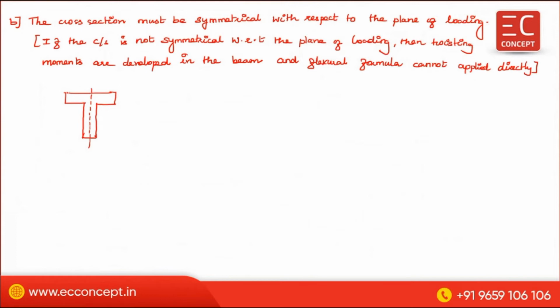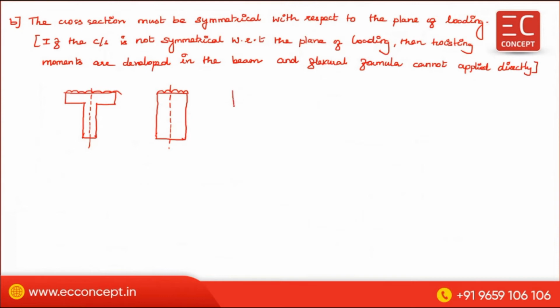So if you give a load, the load centroid will coincide with the centroid of the section. For example, a rectangular section is also symmetrical about the y-axis. So this also has a UDL, but this load now coincides with the centroid of the section.